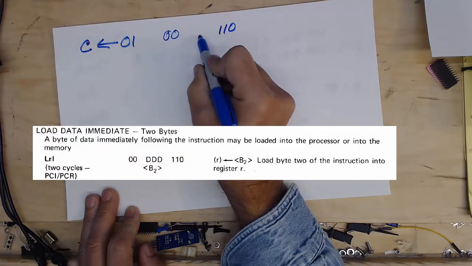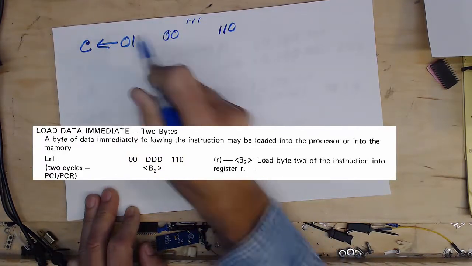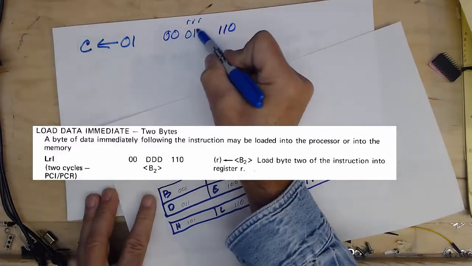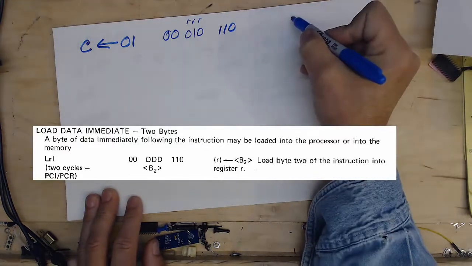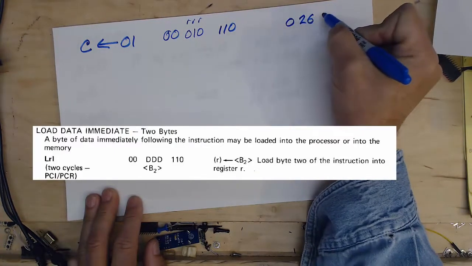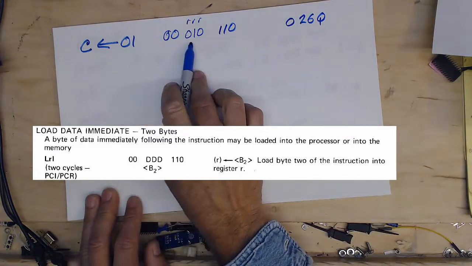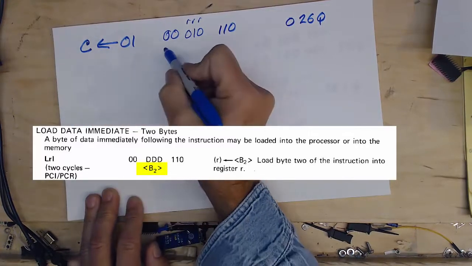So this is register, register, register. To load register C, we look at our list, that's a 0, 1, 0. Okay, so that gives us the value 0, 2, 6 octal. And then the next byte after that has to be the data that we want to load into register C, and so that's going to be a 0, 1.